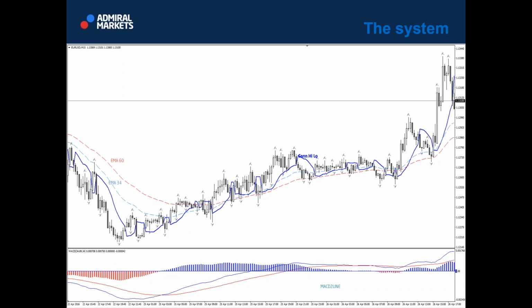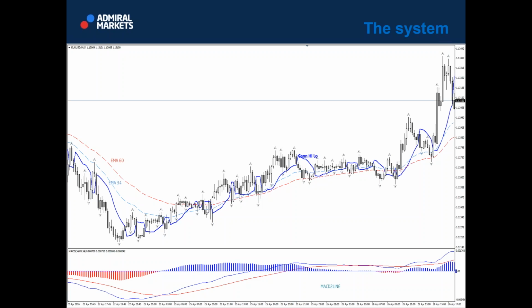So we will be trying to use just a form of multiple time frame analysis in this system. It's not like you will be scanning through different time frames. It's basically these indicators should pinpoint the trend for you.